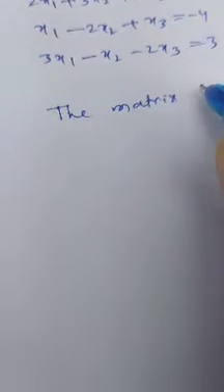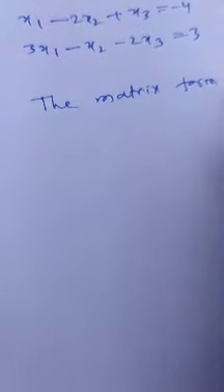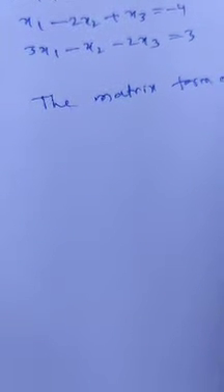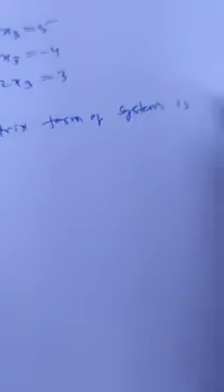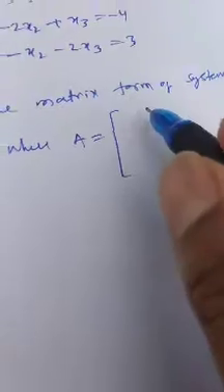So I am converting it to matrix form. The matrix form of the system of equations is AX equal to B, where capital A is the coefficient matrix. So I am taking the coefficients in the first row: 2, 3, 3.